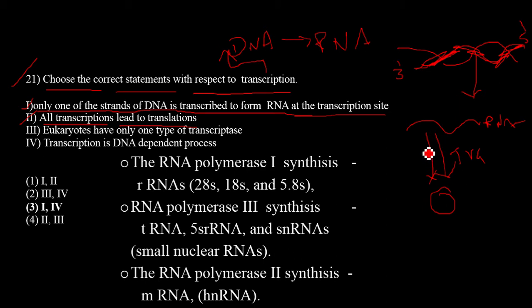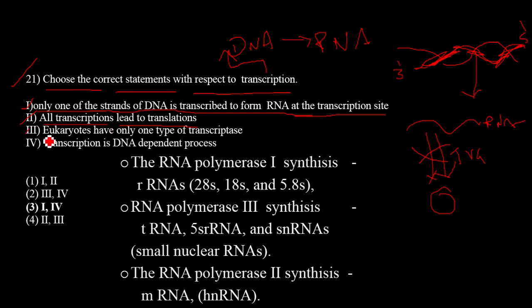When there is no requirement of protein, the RNA is not involved in translation; the expression is regulated by certain types of proteins. Hence, we can say that not all transcripts, or all RNAs, are involved in translation.